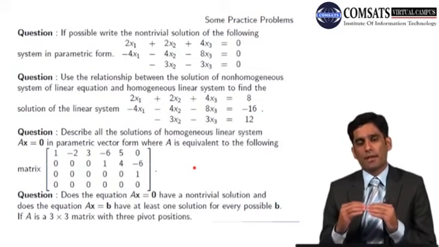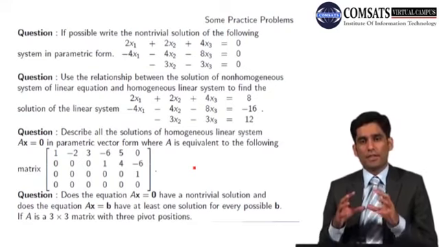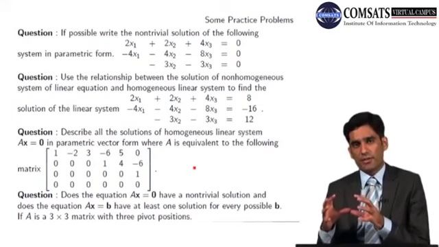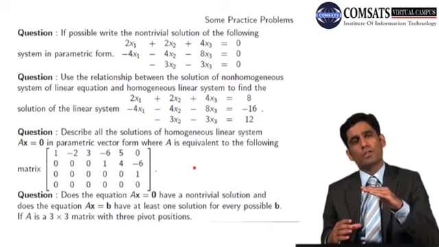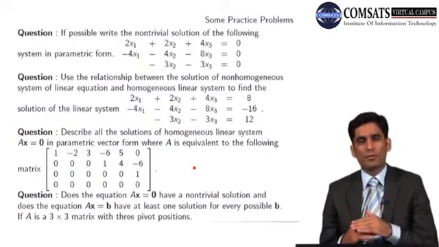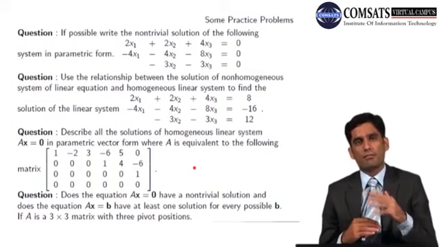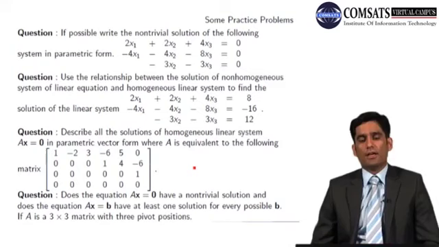In fact, अगर आपका non-homogeneous system of linear equations का solution exist करता है, तो there is a relationship. That relationship corresponds to scaling the solutions of the homogeneous system. Homogeneous system के solutions को हम scale करते हैं by a vector, और ये हमने geometrically भी देखा है.